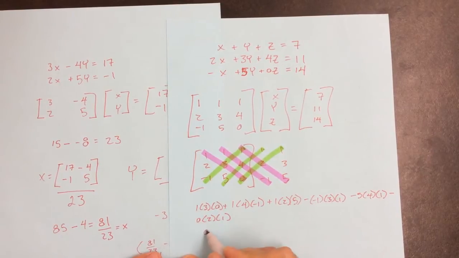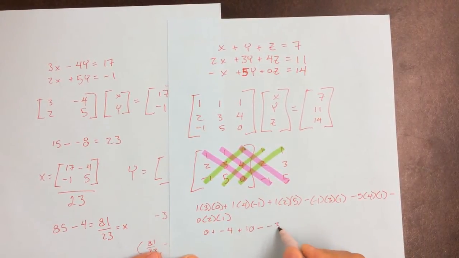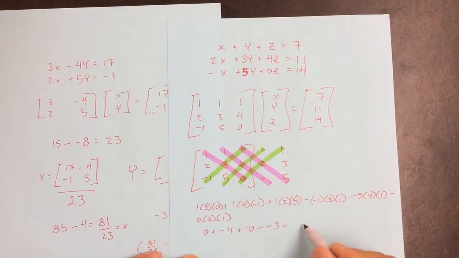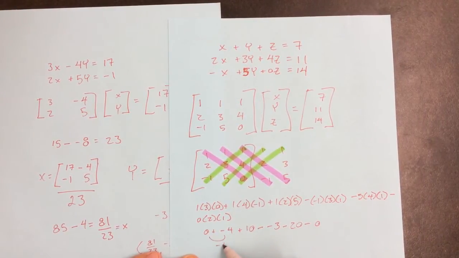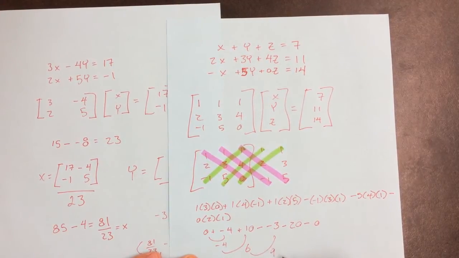So this is 0 plus negative 4 plus 10 minus negative 3 minus 20 minus 0, which gives me negative 4, positive 6, positive 9, negative 11.